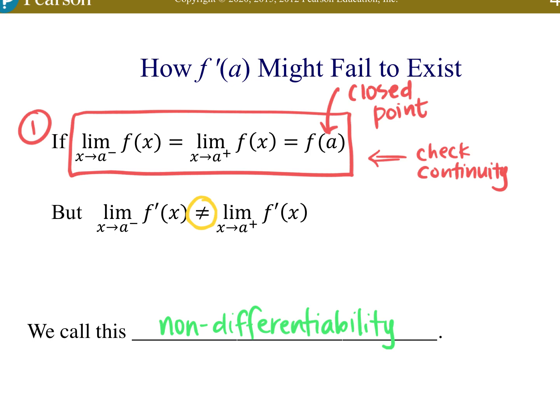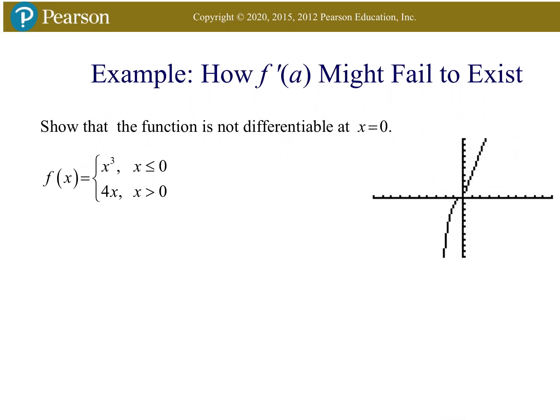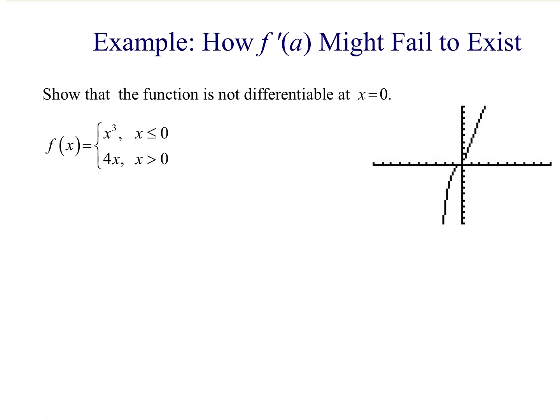Any questions so far? It helps to see what it looks like, what I'm talking about. All right, here's a picture. Show that the function is not differentiable. So the first thing you want to do is establish what the derivative is. Because the function is in two pieces, the derivative will also be in two pieces.